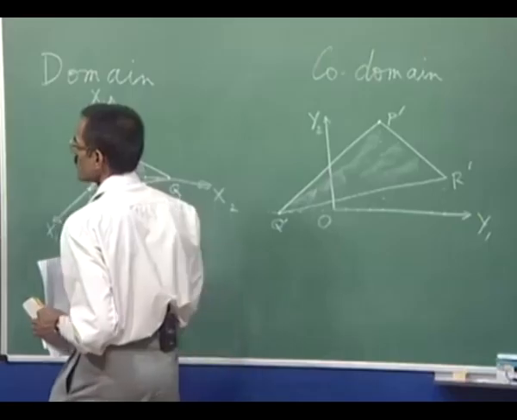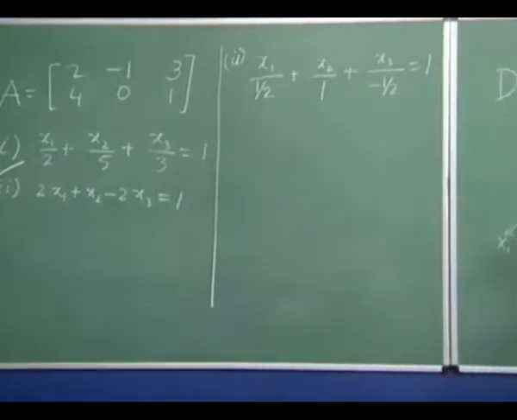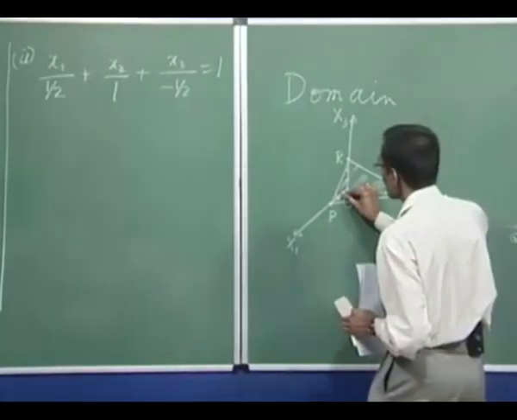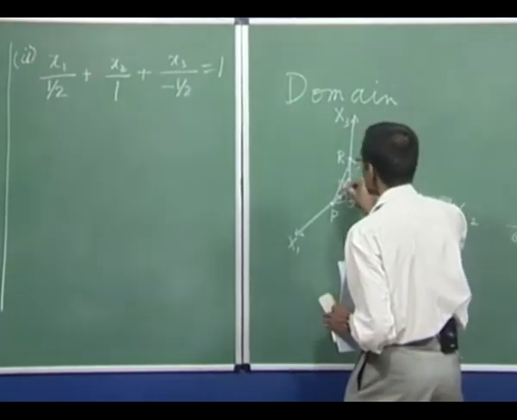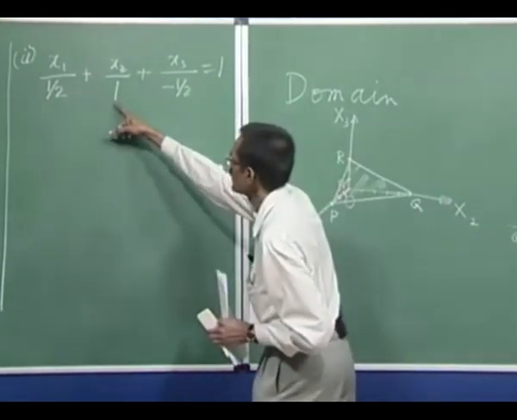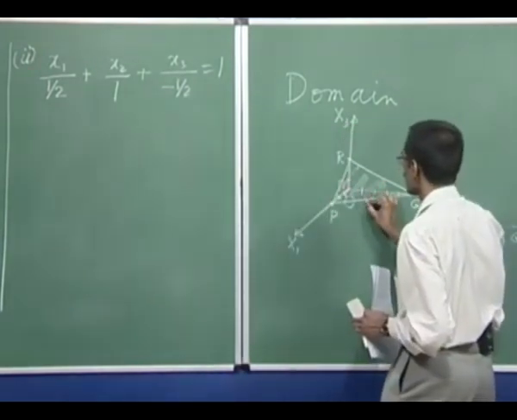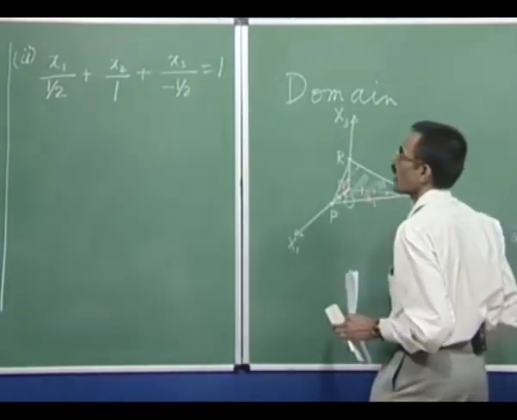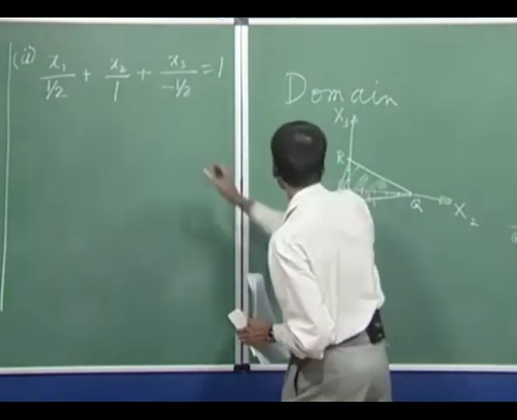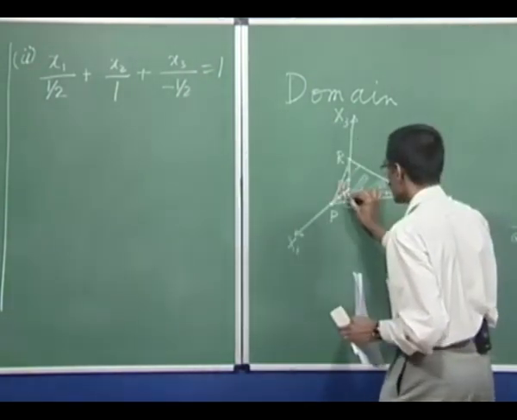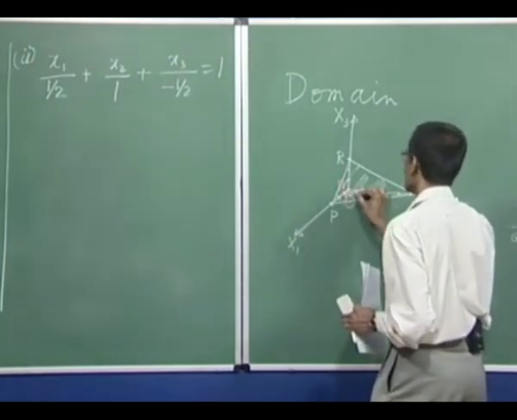This point is at the intercept half. Let us call it P1. Next, this point 0 1 0 here, let us call it Q1, and this third is at minus half, so that will go somewhere here, and this will be the plane.